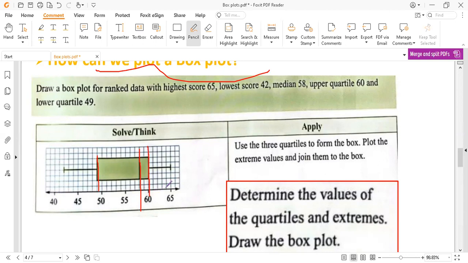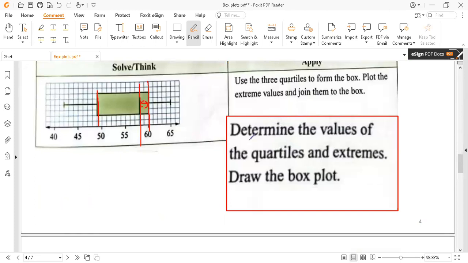Why? We should know that 25% of the scores are scattered closely here near the median, and here they are widely scattered, far from the median, the other 25% of the scores.